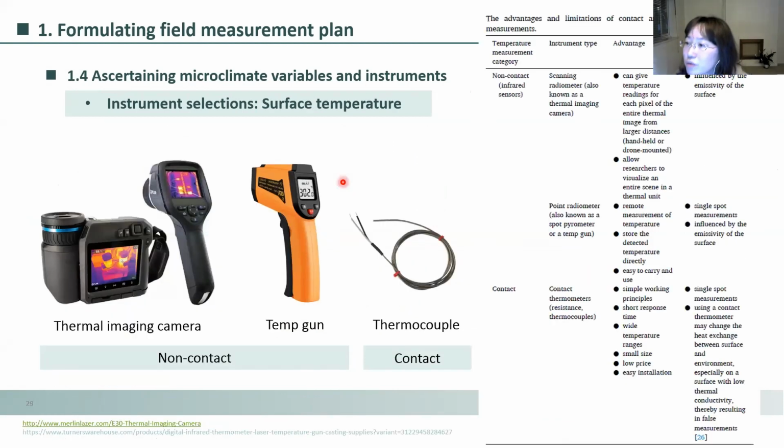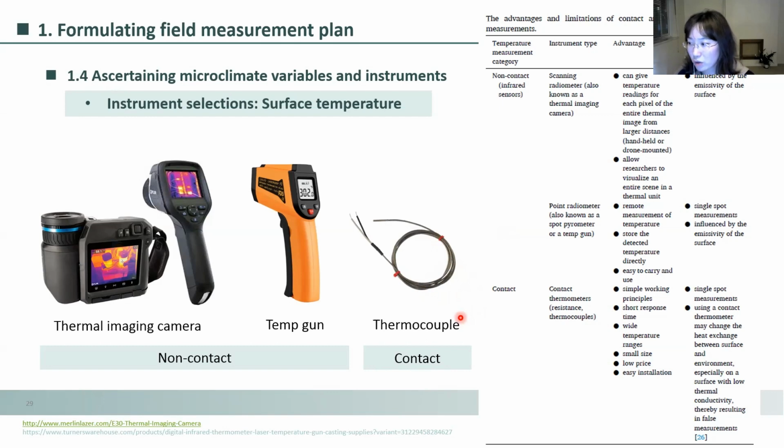And in terms of surface temperature measurement, there are 2 ways. One is the contact approach, another is the non-contact approach. I have summarized their advantages and limitations, and you can find this table in my guideline paper. In my opinion, I would like to recommend the thermocouple because it is accurate and less expensive. But please remember that the thermocouple needs a data logger to save the data.